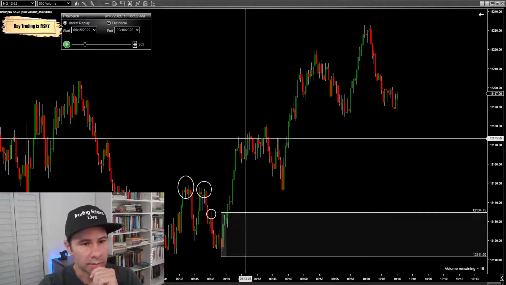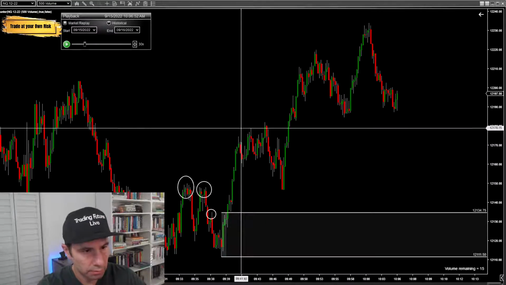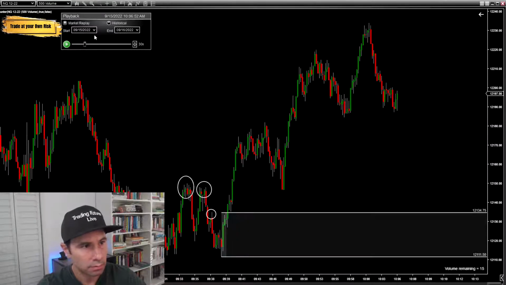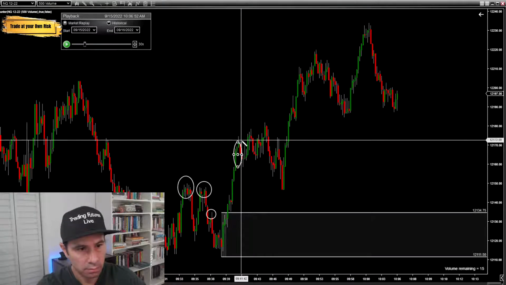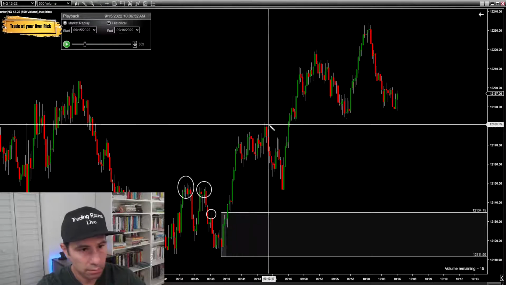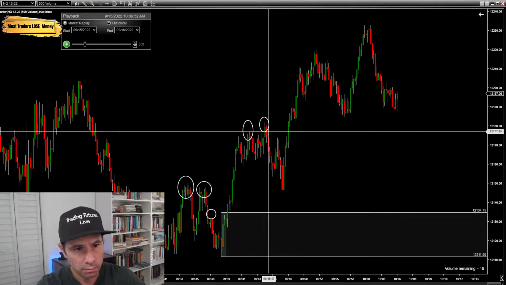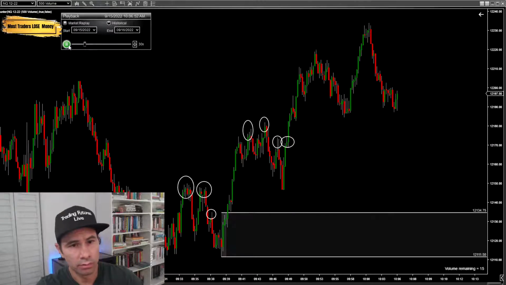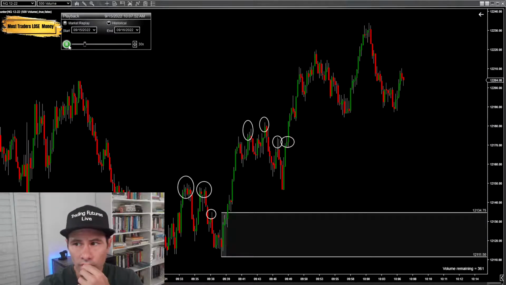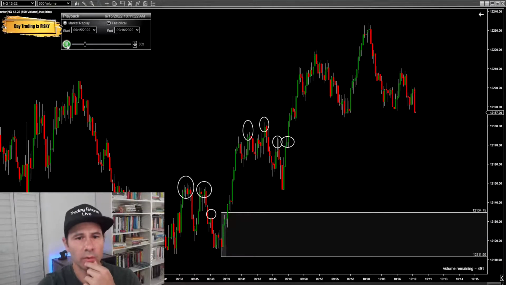So you do have these pivots too. Let's see where it bounces. Honestly, I don't even remember the setup. That's why I wanted to replay it today.